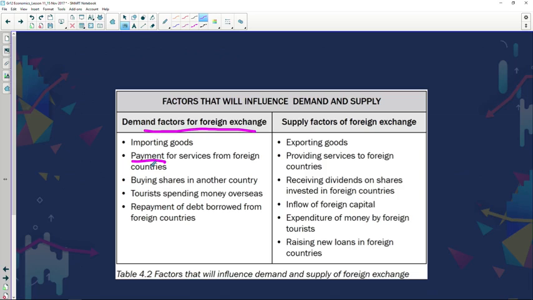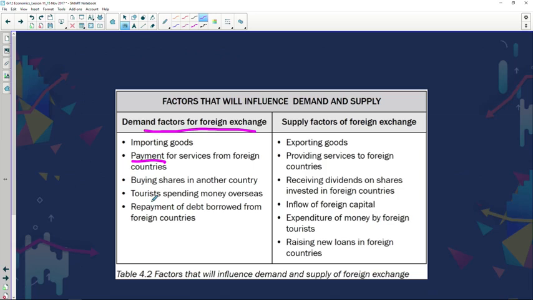If you want to buy shares from another country, then an exchange needs to happen so that you can purchase the shares using the currency of that particular country. As a result, that will cause a demand for foreign exchange.